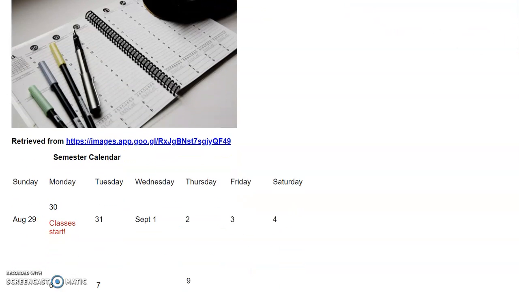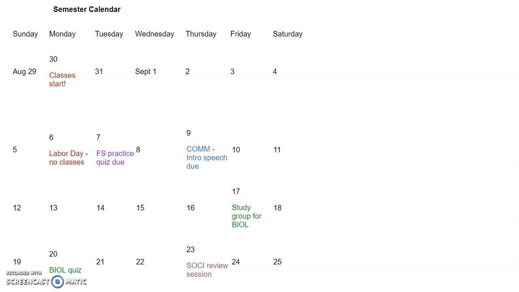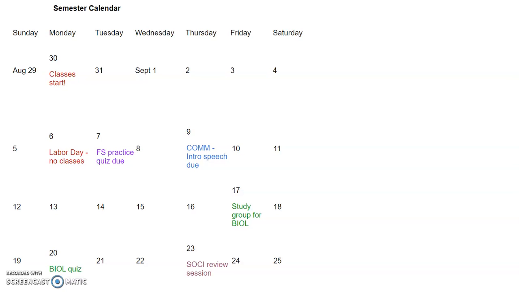The fourth tool is something called a semester calendar, or sometimes it's called a term schedule. And you see an example here of the beginning of a fall semester. The idea is that you are able to see the entire semester in one view.